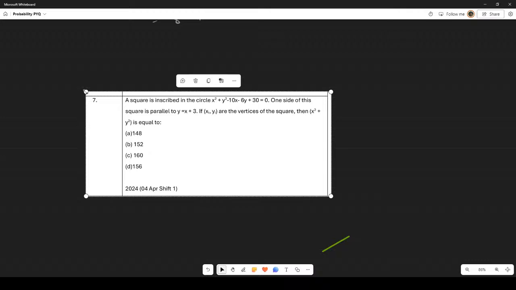If you draw the diagram, then it will be done. Just have a good diagram. This one, do.